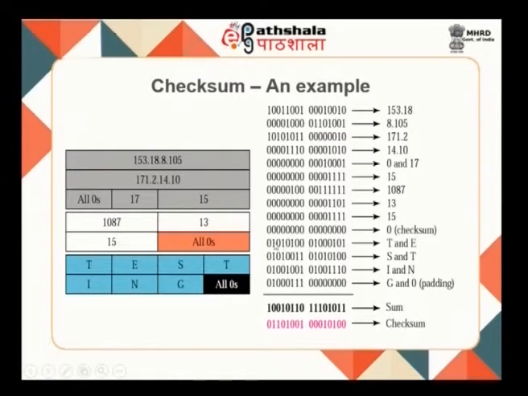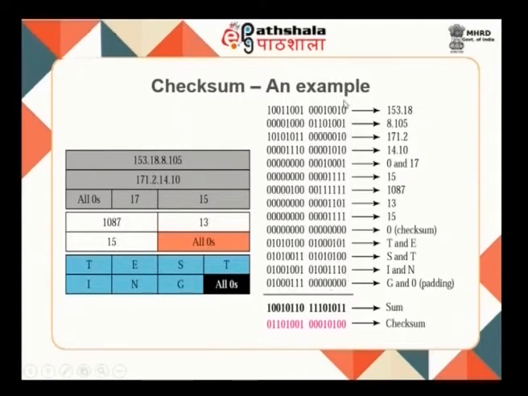That is the place where the checksum would actually be stored, and it is assumed to be all zeros for the purpose of the calculation of the checksum. So, you use a value of all zeros here, and then the TE forms the first 16 bits, ST forms the next 16 bits, IN is the next, G followed by 0.